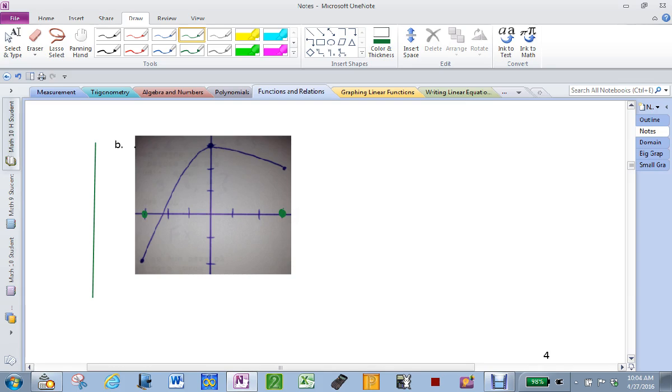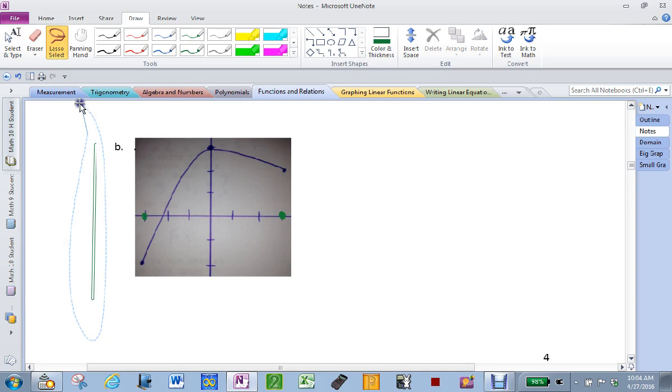Say it then. Infinite inputs. Because every single value here has an output, doesn't it? Down to the billionth, the trillionth, right? There's an output. So, but all we got to do is check, does it ever touch the blue line more than once? No. So this is a function.